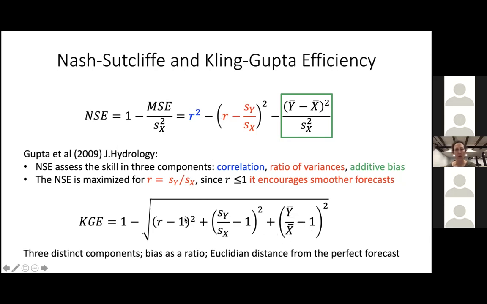So essentially, for all the components, you reach the best score when the component is 0, so when the ratio or the correlation is equal to 1. This is actually the Euclidean distance from a perfect forecast at the point 1, 1, 1. I think this is a score that is not used a lot in weather, but we should start looking at it.